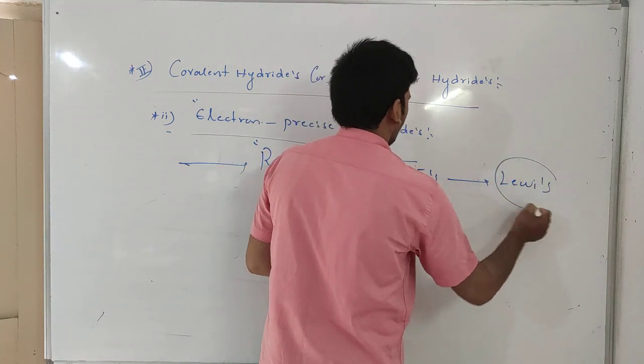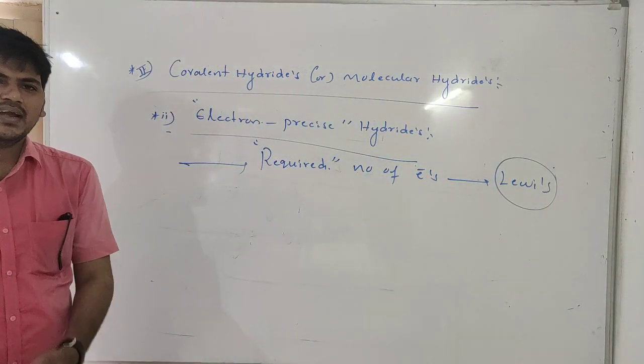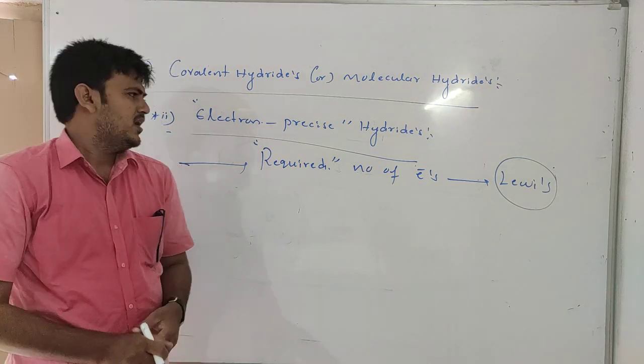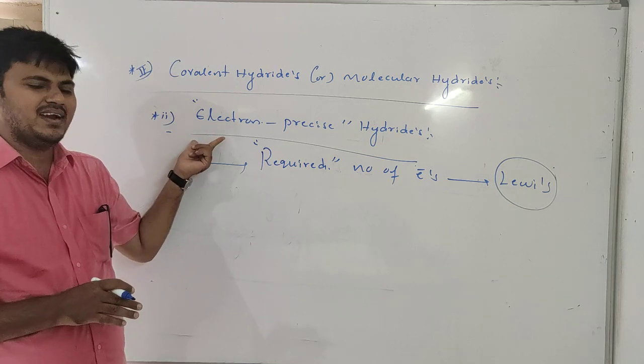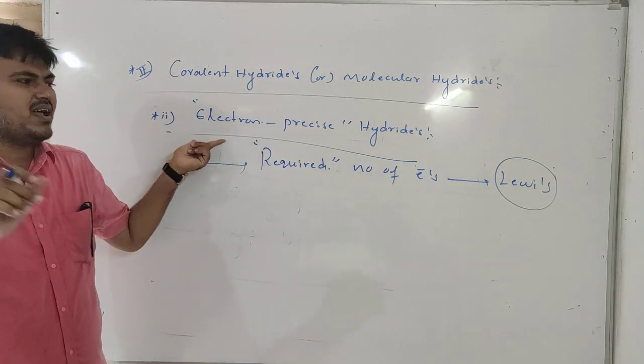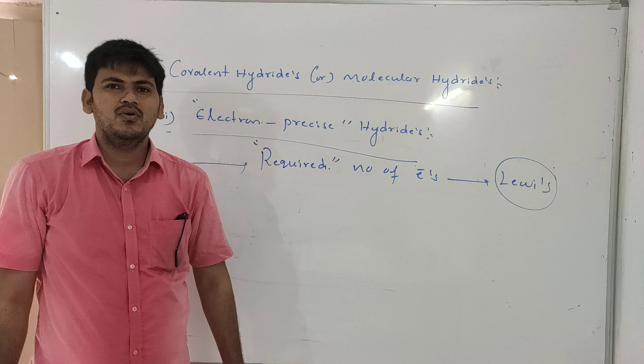Electron deficient means less number of electrons, so electron precise means required number of electrons.